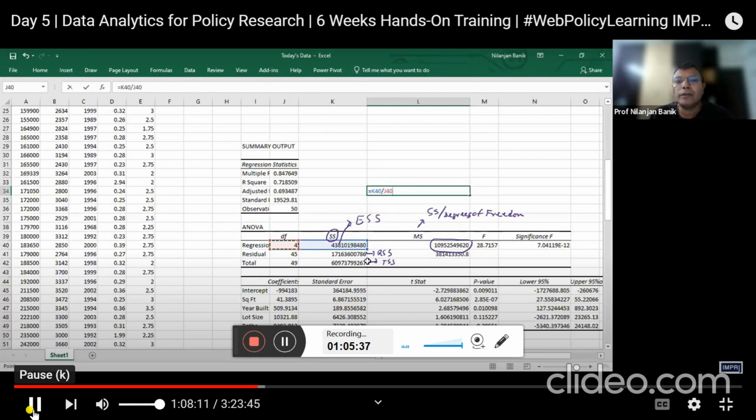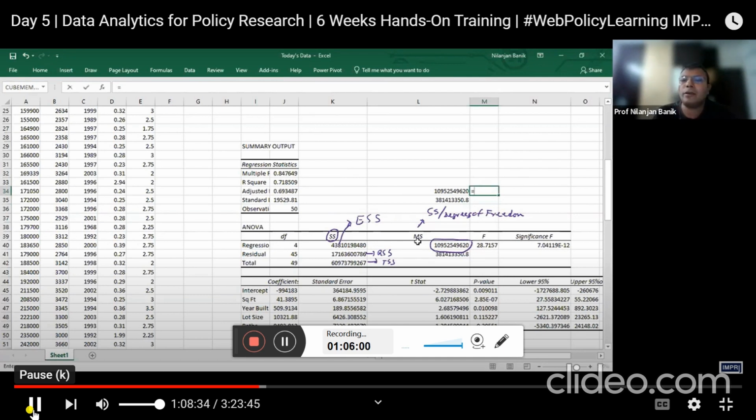Likewise, if I'm dividing this over this, I get 38 something. So the mean sum of square is nothing but the sum of square adjusted for the degrees of freedom.